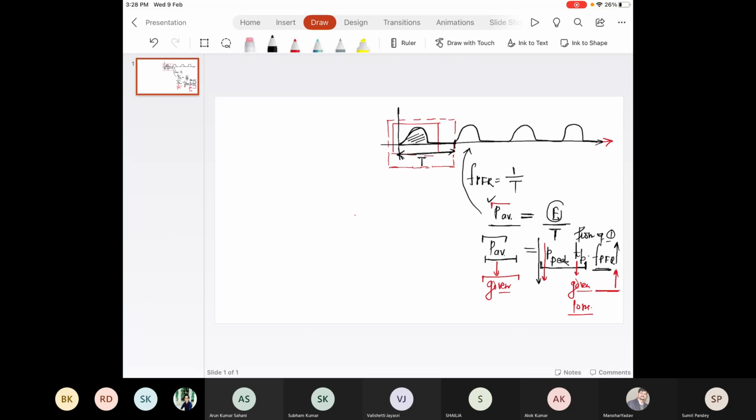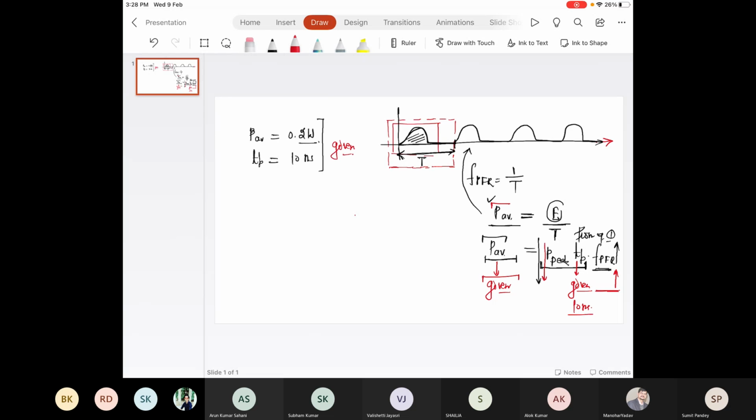Let's say average power is given, 0.2 watt, and this pulse width Tp is also given, equal to 10 nanosecond.